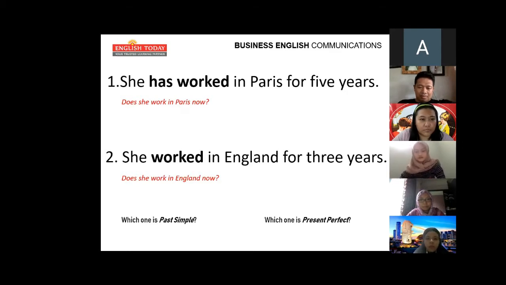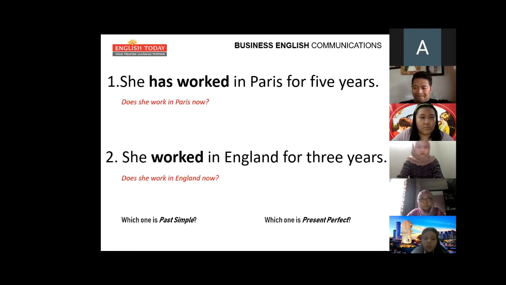Remember, past simple refers to actions, situations, events that happened in the past, that happened before now. It has nothing to do with the present situation. It has nothing to do with now. Number 2 is past simple.